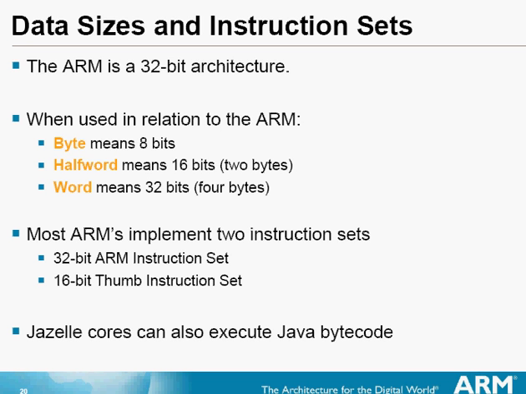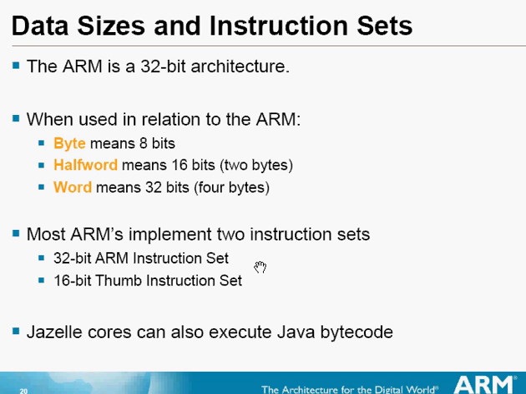So ARM is a 32-bit architecture, very clear. In relation to ARM, word means 32 bits, byte means 8 bits as usual, half word means 16 bits, which is 2 bytes, and word means 32 bits.